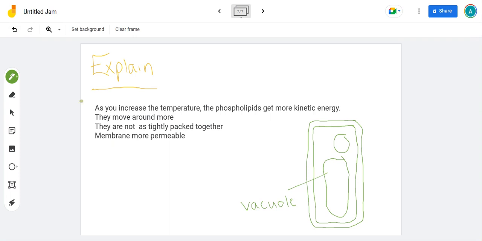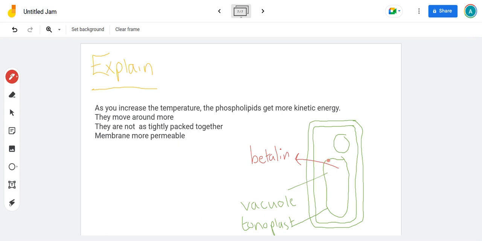Okay, so it's not only the cell membrane that must have become more permeable, more leaky, it's also this vacuole membrane as well, which is called the tonoplast. So the vacuole membrane must also have become more leaky because that red pigment, that red betalain, has been able to diffuse out of the plant cells.